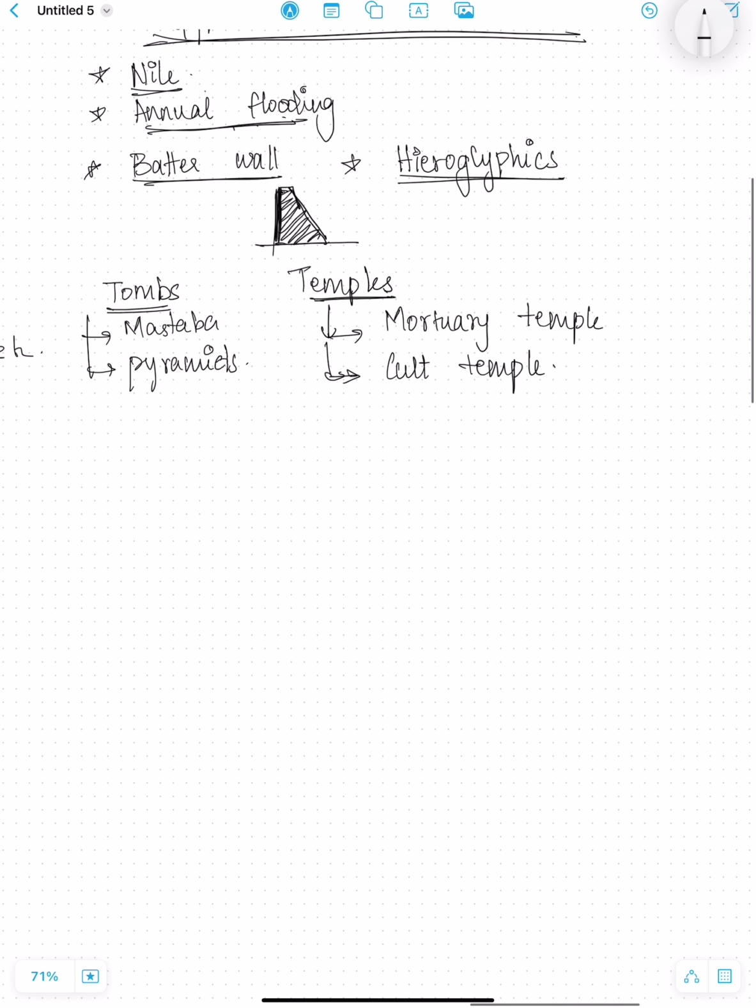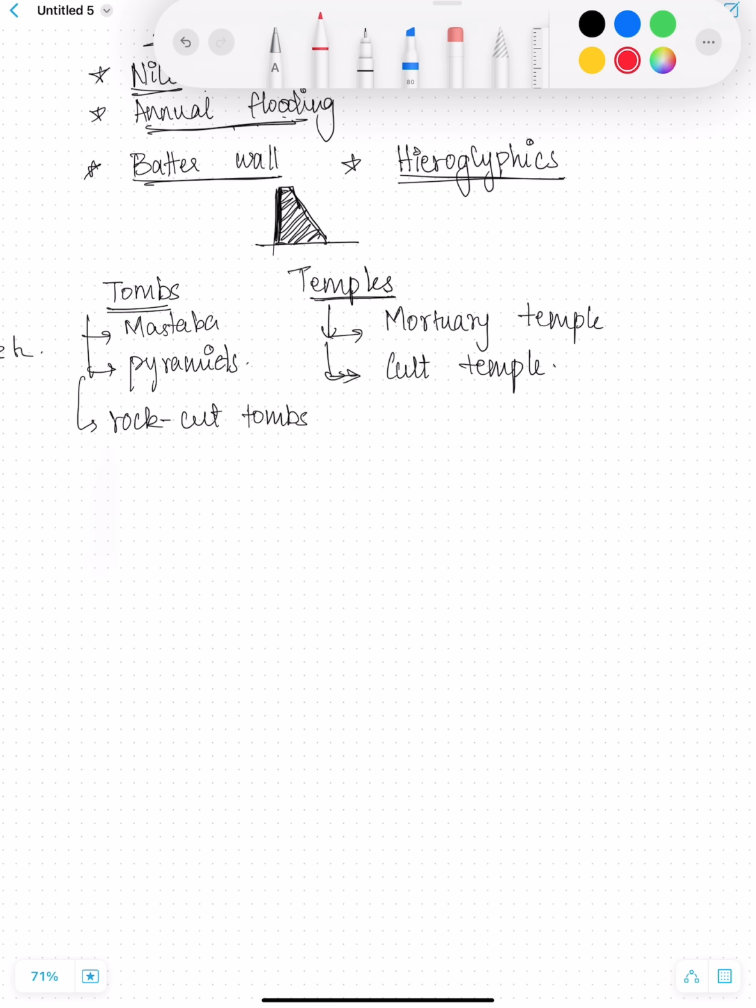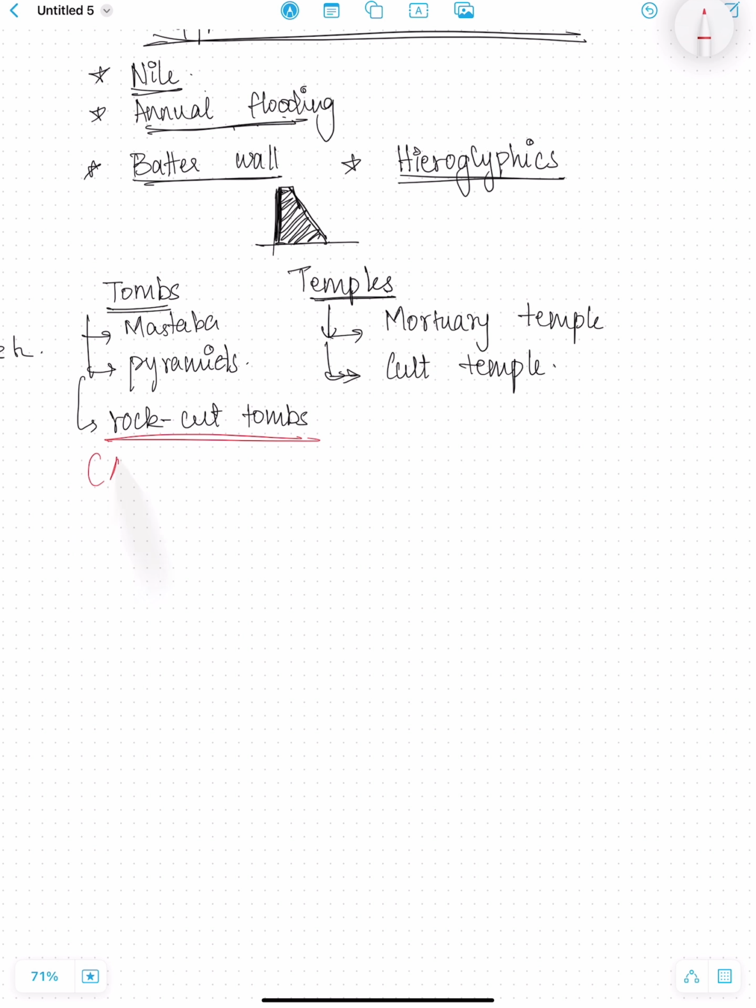They also had a third type of tomb which was not much prevalent, the rock cut tombs. One example of this rock cut tomb is Tutankhamun's at Thebes.